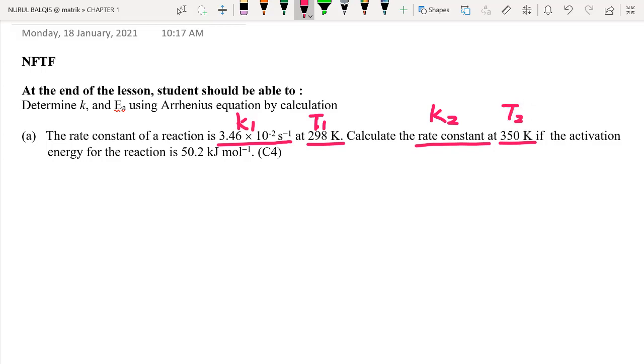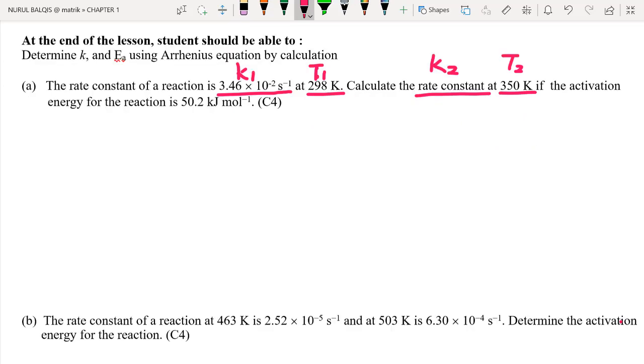Let's recall again, whenever you are given two rate constants at two different temperatures, you just need to use the calculation method. Given the activation energy for this reaction is 50.2 kilojoule per mole.